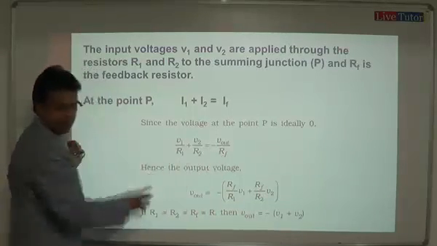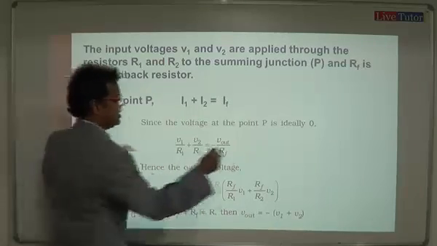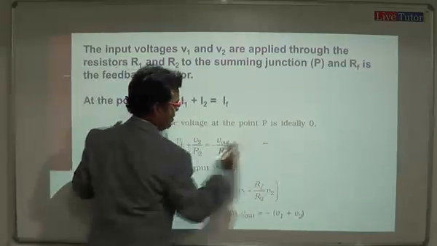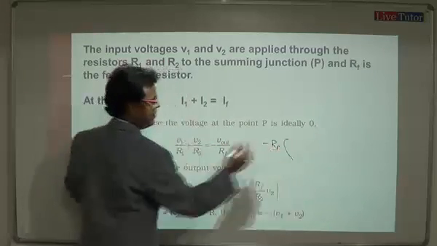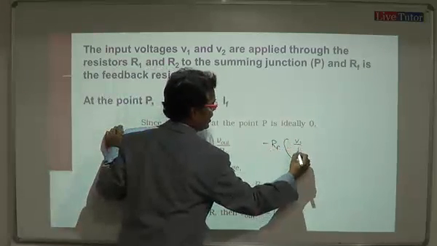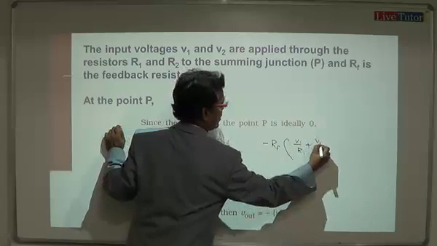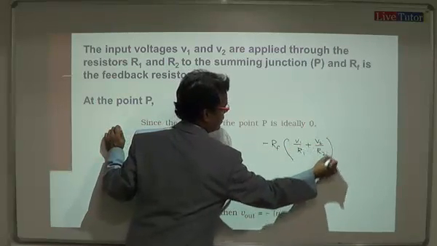This equation can be written as, இந்த மைனஸ் அப்படியே எழுதிக்கிறேன், Vout equals minus RF into (V1 by R1 plus V2 by R2) இல்லையா?